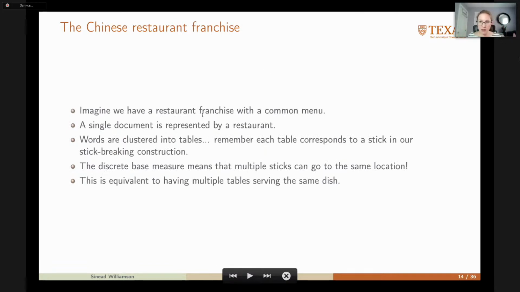So here, each document is going to be associated with a single restaurant in this franchise. And each word in that document is going to be a customer sat at a table. And we're going to have the dishes correspond to topics, and we're going to have the dishes be shared across the franchise of our restaurant.